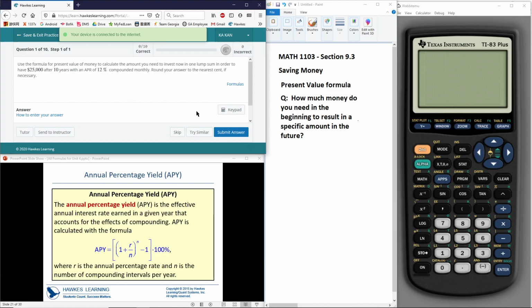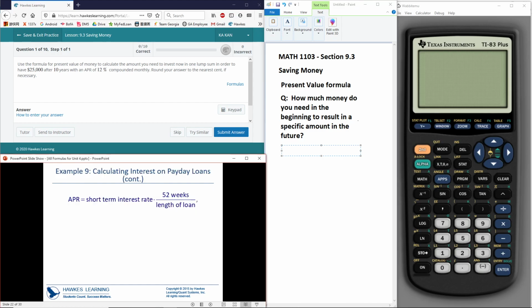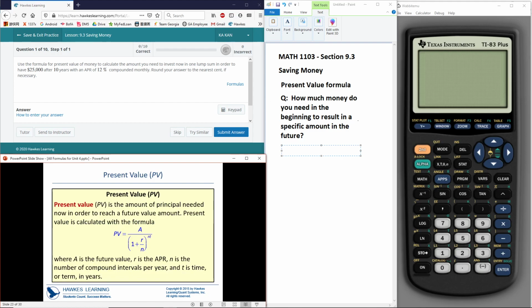So let's look at this. You want to have $25,000 10 years later, with an APR of 12% compounded monthly. All you gotta do is go to the formula right here. You see this formula, right? The present value formula. In this case, your A, which is the accumulated amount, is the future value.